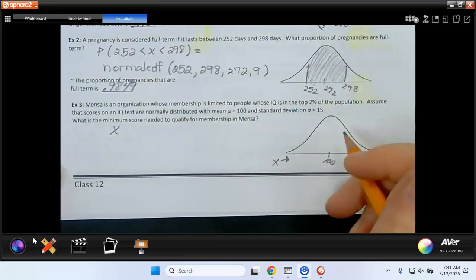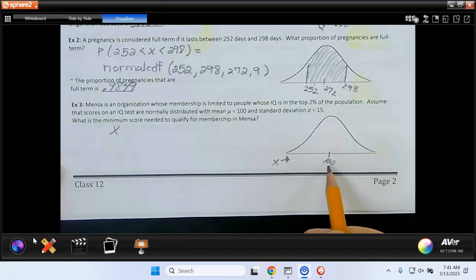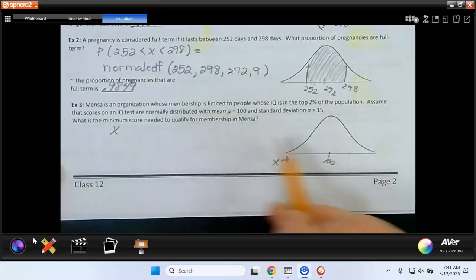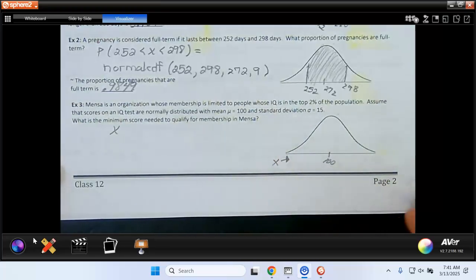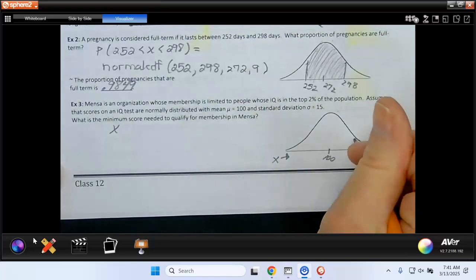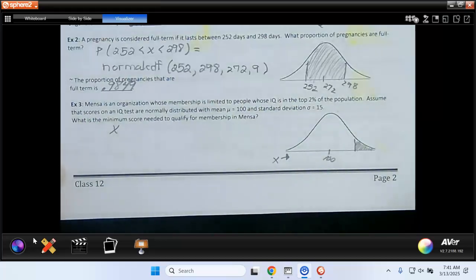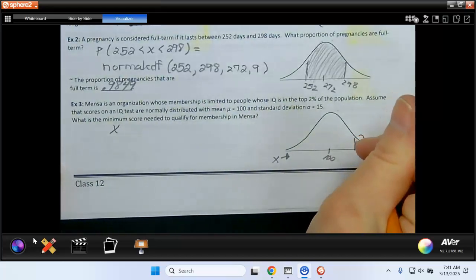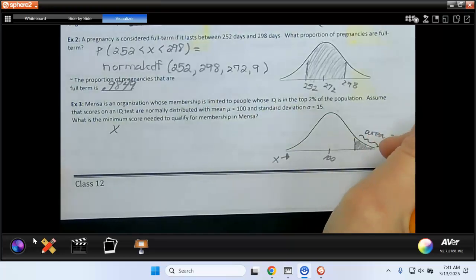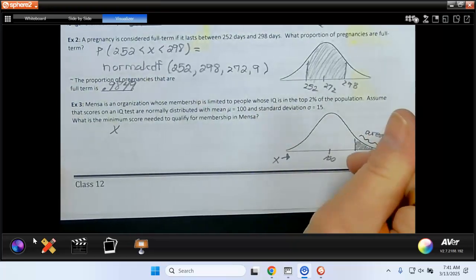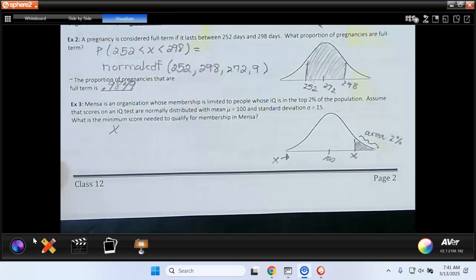So we are not talking about a z-score. They are saying the mean's at 100. You're not converting it. You're talking about the highest 2%, so that's going to be over here. This is your area of 2%. They want to know what the x value is there.